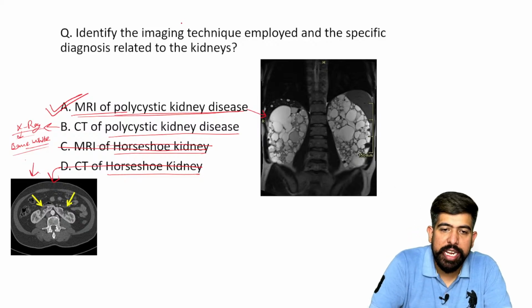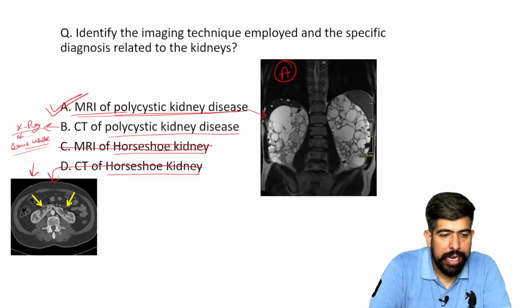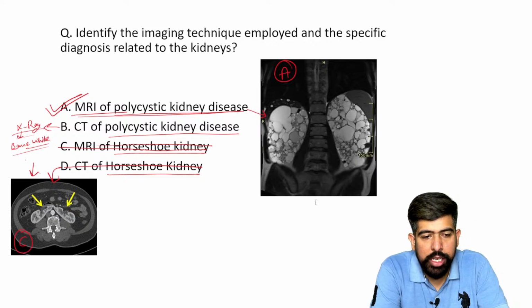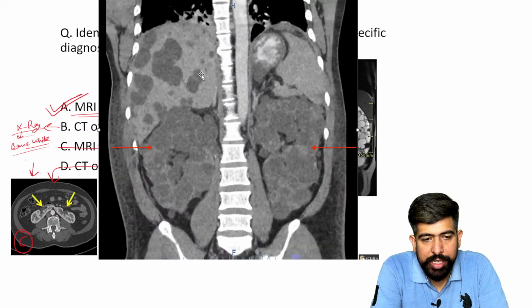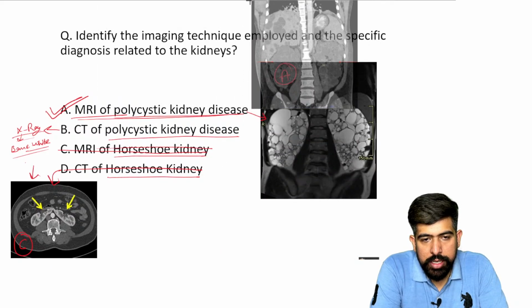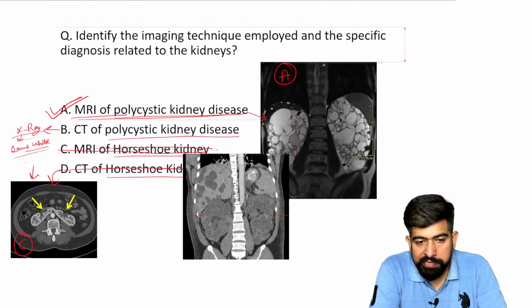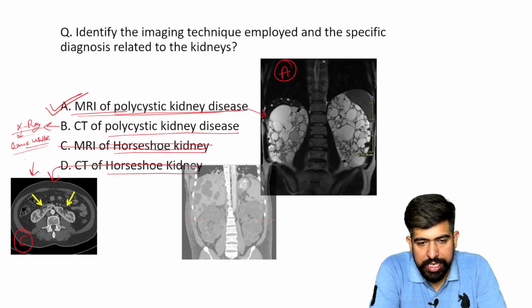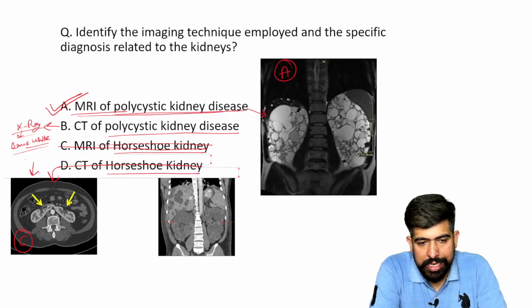So this is image A, which is the MRI, and you are seeing image C, the MRI of horseshoe kidney. Just I'm inserting one more image.